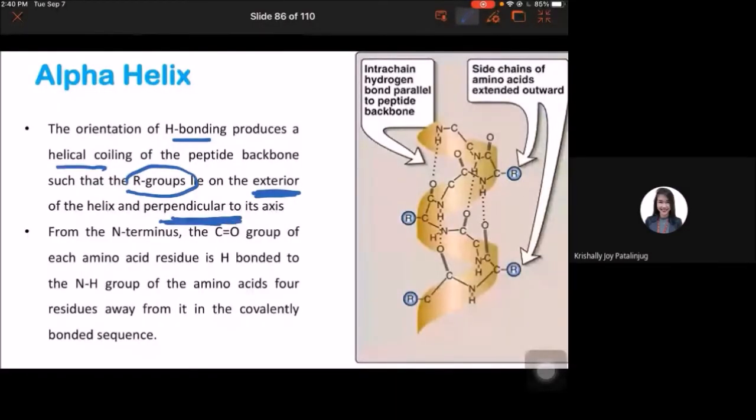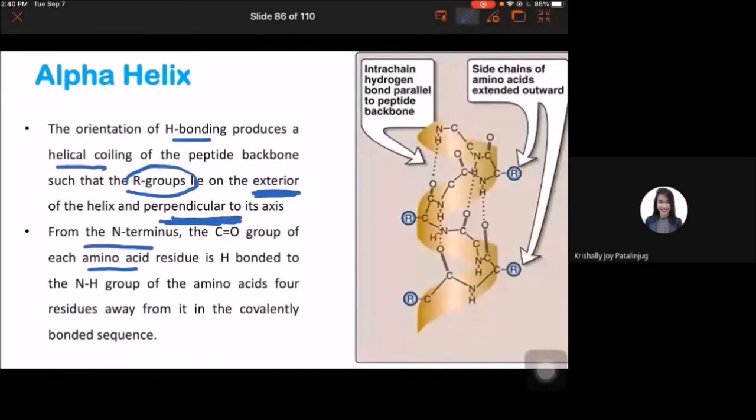We already discussed that. And then earlier, from the N-terminus, the carbonyl oxygen of each amino acid residue is hydrogen bonded to the NH, which is 4 residues away.